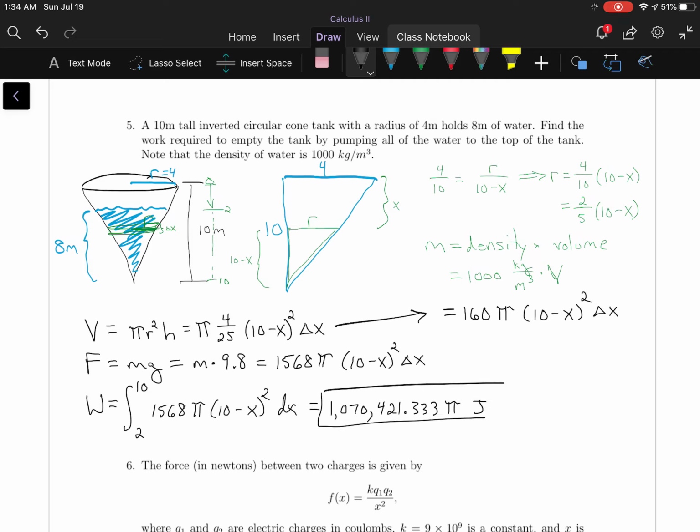And this is in joules. So you could either expand that polynomial and integrate, or you could use substitution. Either approach is fine, but you should be able to confirm that this is the answer you would get.